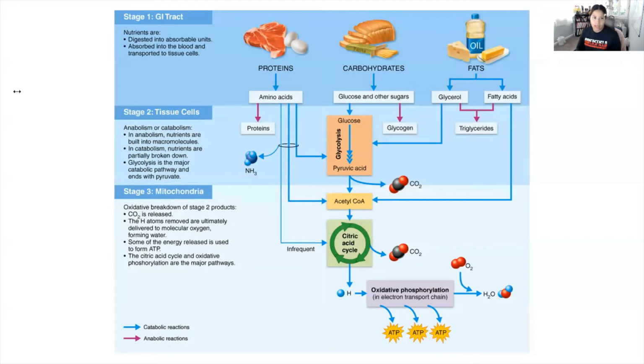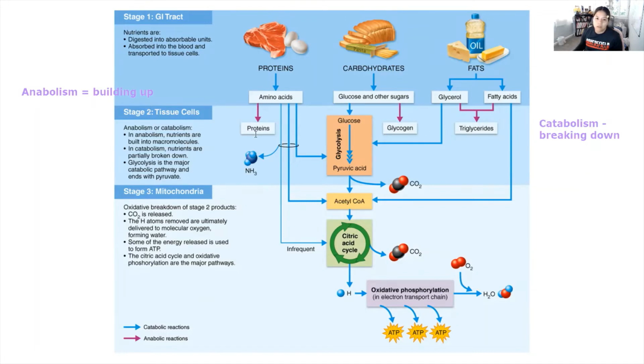So you should know that anabolism is a building up of the materials that we need, and catabolism, I'll write it over here, is breaking down, okay? So metabolism here is happening at the tissue level. So we're either building things up using the nutrients that we've got from our food, or we're breaking things down.